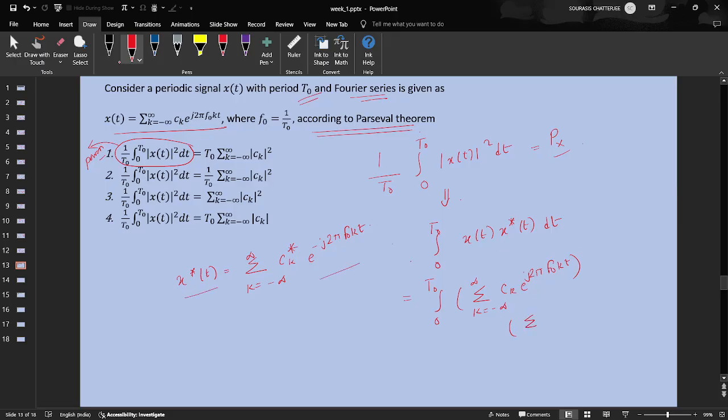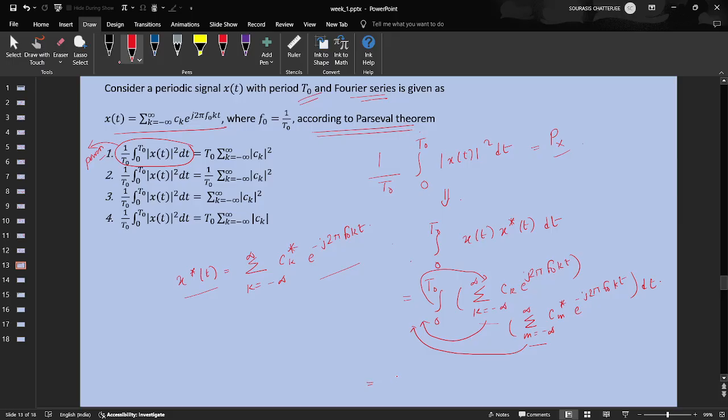Let me use some index other than k so that they don't get mixed up. So let's use m here. m runs from minus infinity to infinity. We have c_m star e to the power minus j 2 pi f naught m t, and we have to compute the integral here. Inside there is a double summation, one over k, another over m. So let us bring the integration inside and take the summations outside.